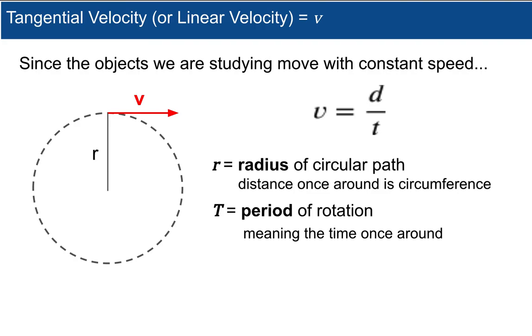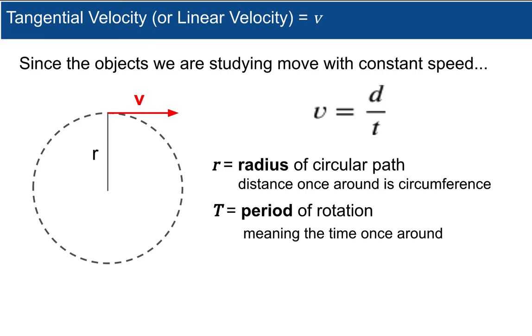And then we're also going to focus specifically on the time it takes the object to go just one time around. So not just any old time, but specifically the time to travel through one circumference. And that's called the period of the rotation. It's given a capital T because it's a very special time. And so when you see that in a formula, it's not just, again, any old value of time.